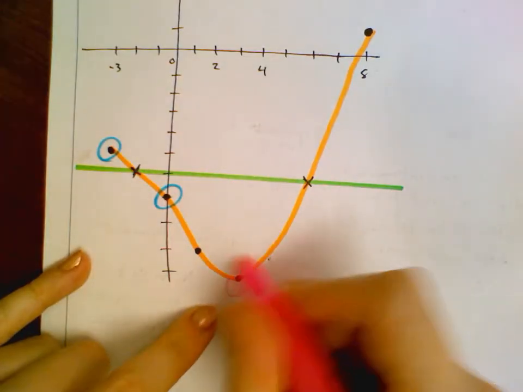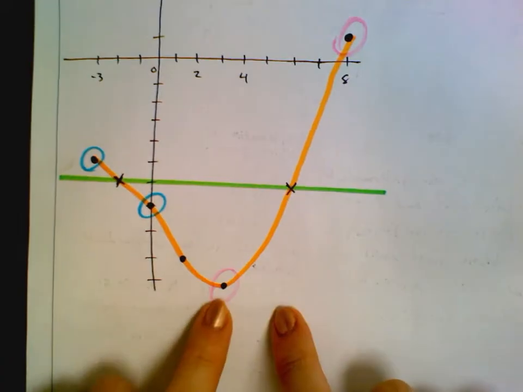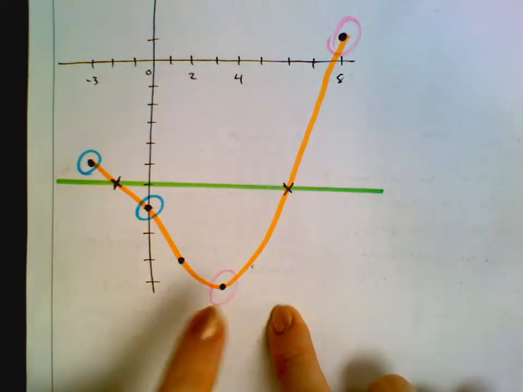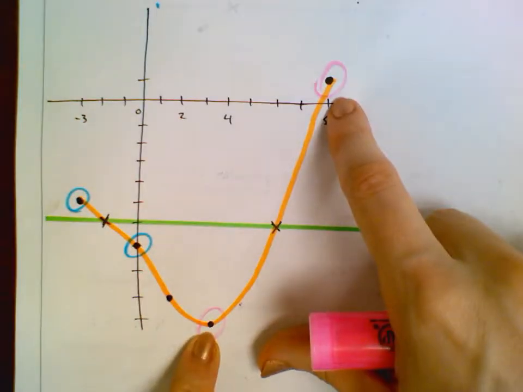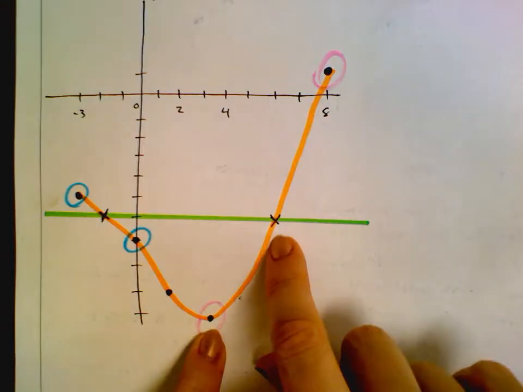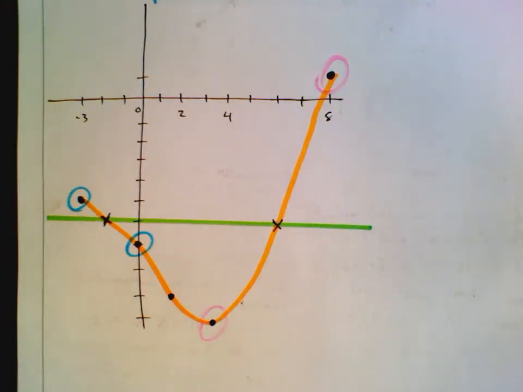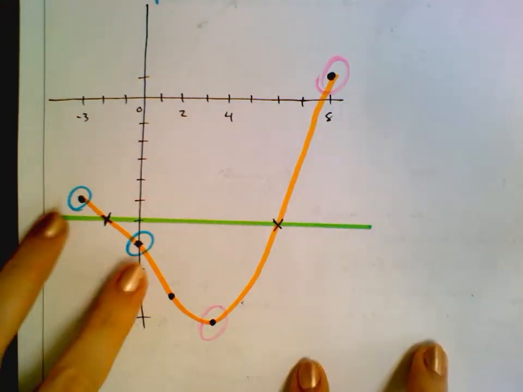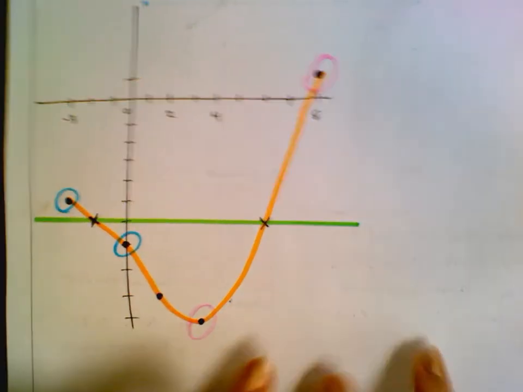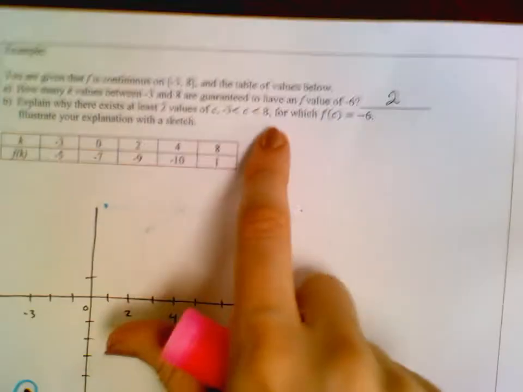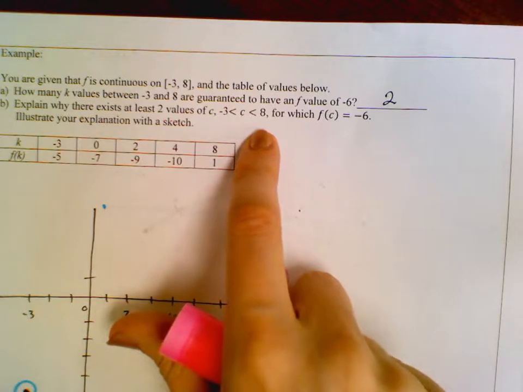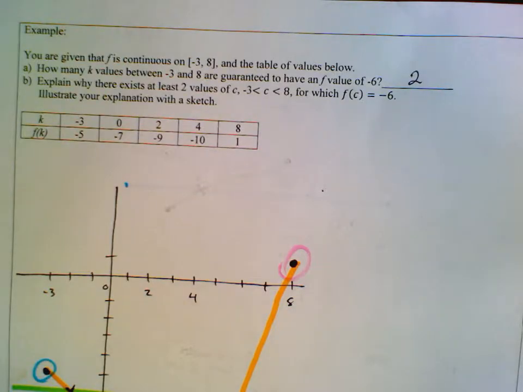That's 4, so f of 4 and f of 8. For f of 4 and f of 8, negative 6 is again an intermediate value. So I'm going to have to use these two smaller intervals within negative 3 to 8 to actually explain to my reader that we hit the output value negative 6.